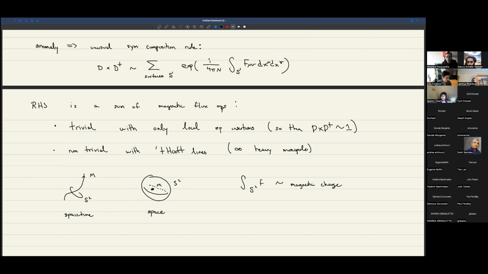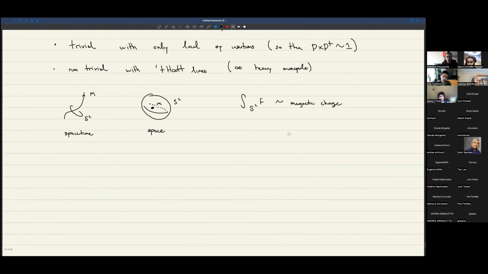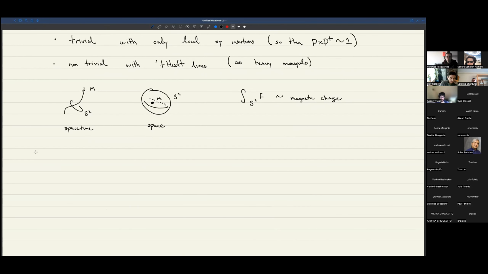Very good. So what's the lesson that we will need? Why did I introduce this? The lesson that we will need here, and this is where we're going to get some of the physics, is that a chiral symmetry with an abelian ABJ anomaly forms an algebra.